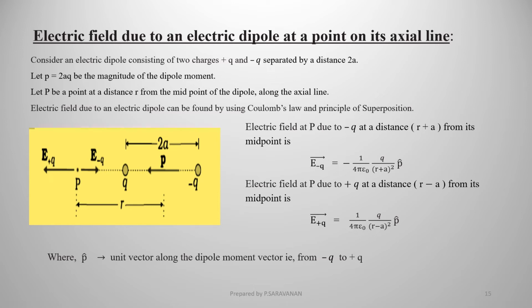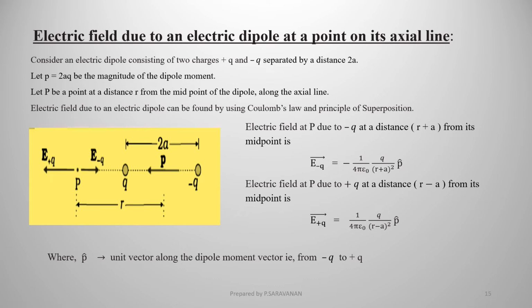Another very important point I would like to remind you is, if a single charge is given, there will be only a single electric field at any point due to the given charge. When there are two charges like plus q and minus q, at any point like P, there will be two electric fields.